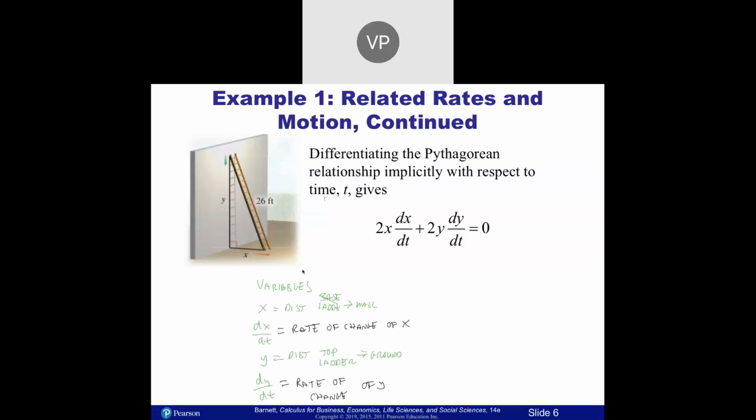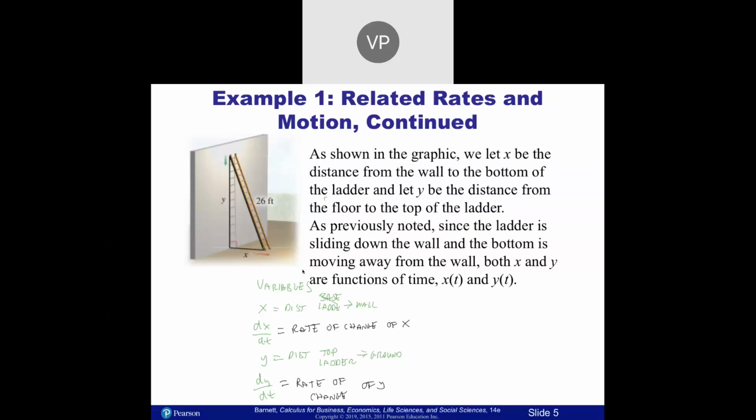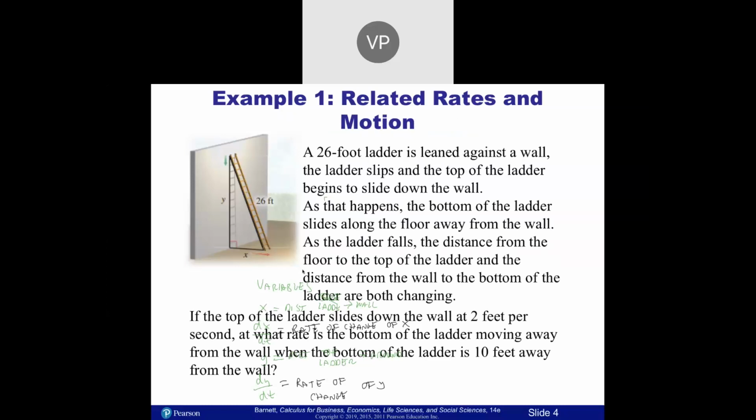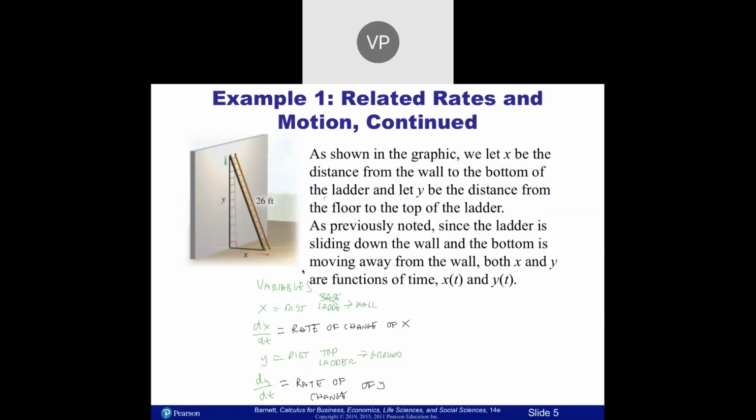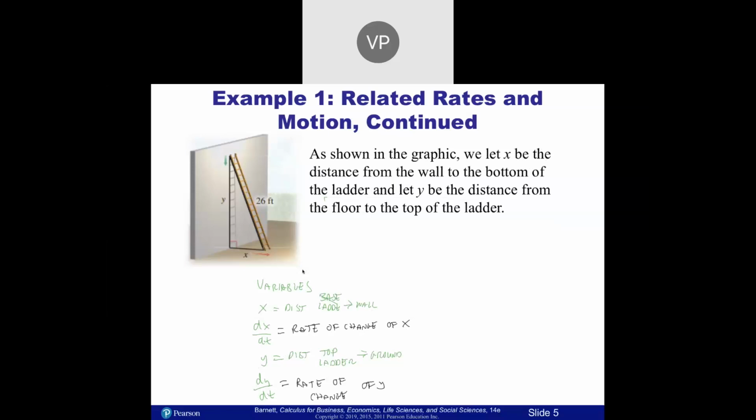And this is the most important part because you need to figure out what plugs into what. So I'm going to go back to the problem a second. I know it's hard to read because I wrote over it here, but notice that the one piece of information they gave us is that the top of the ladder slides down the wall at 2 feet per second. They didn't tell you the top of the ladder is 2 feet away from the ground.